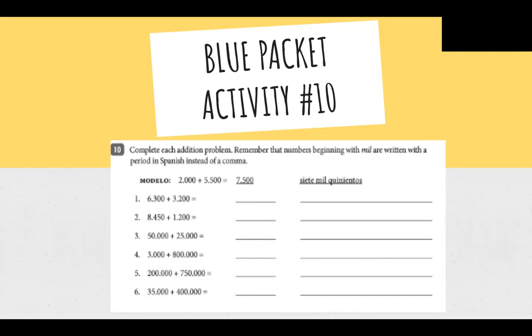Número 2, 8,450 más 1,200. So your answer there should be 9,650. In Spanish, that's going to be 9,650. Número 3, 50,000 más 25,000 es igual a 75,000. 75,000 in Spanish is 75,000.